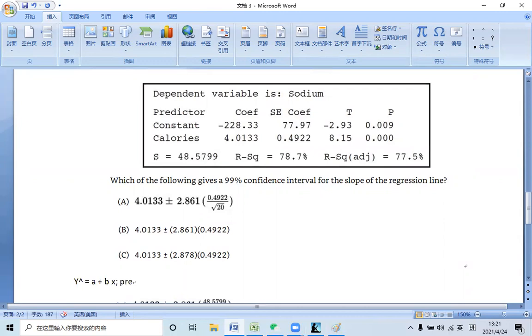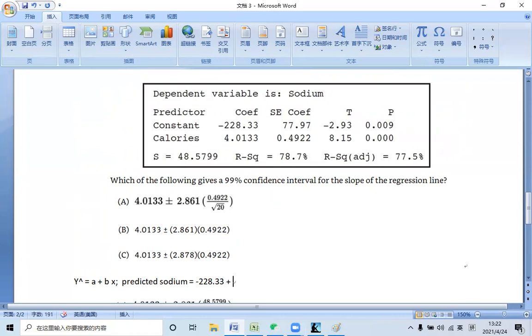Predicted sodium. That's salt, basically. Salt is sodium. Equals, where's a? Where's the constant? Negative 28.33. This one is a. A is the intercept.